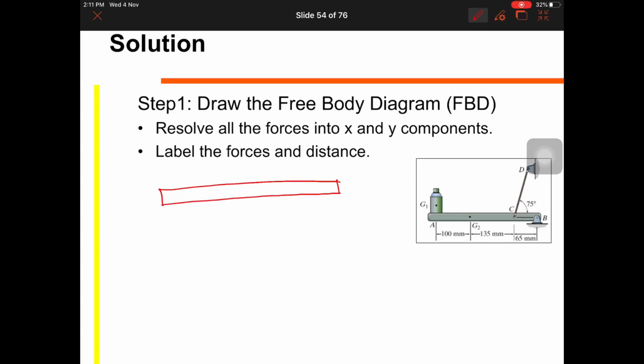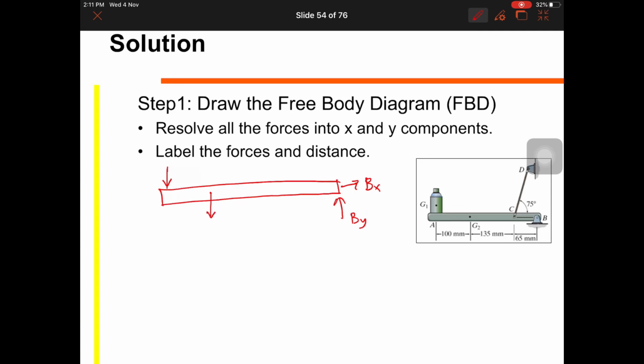So at A, we have force due to gravity, weight. And then at G2 we also have weight, and then at B is a pin, so we have two forces, BX and BY.